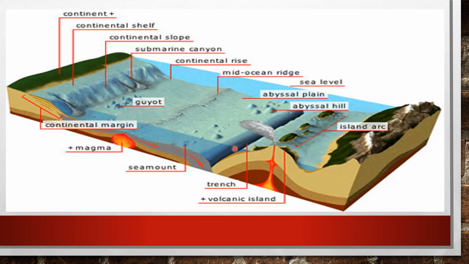Next, this is the picture showing the continent, then the end part of the continent, then this portion is the continental shelf, then the continental slope starts. This is the submarine canyon, this is the submarine ridge, mid-ocean ridge, sea level, abyssal plain. We'll discuss all these features in detail.